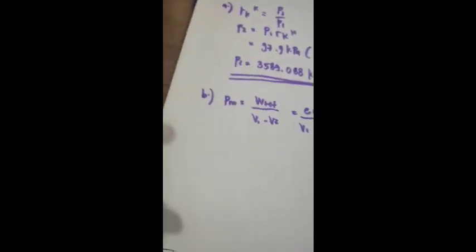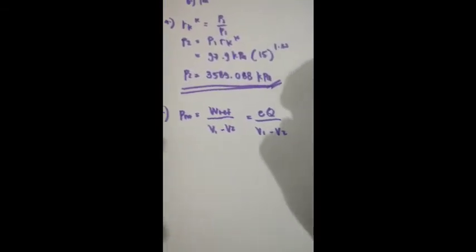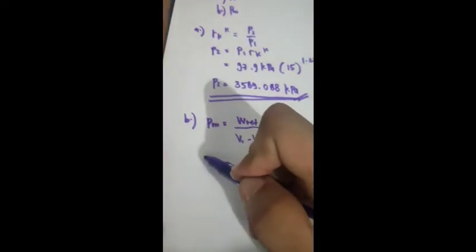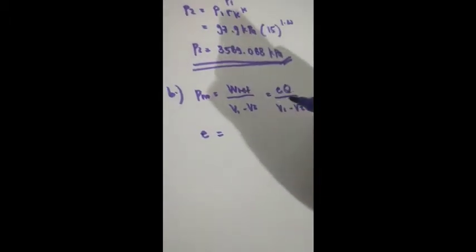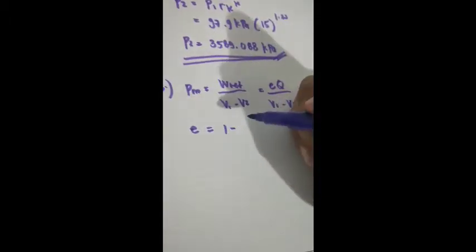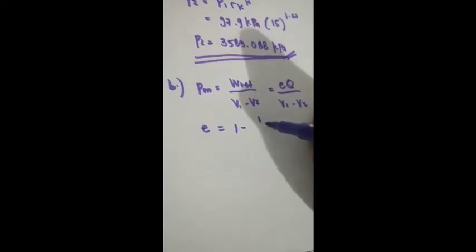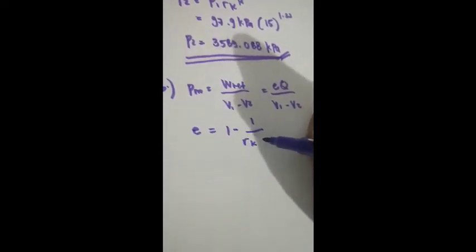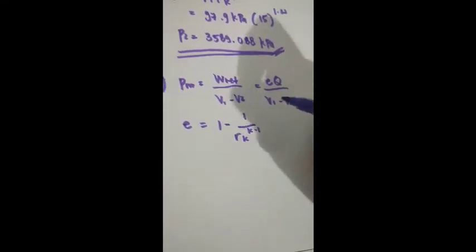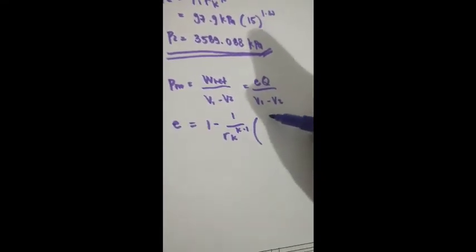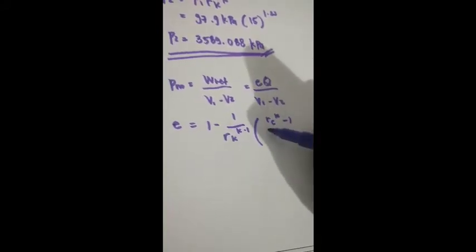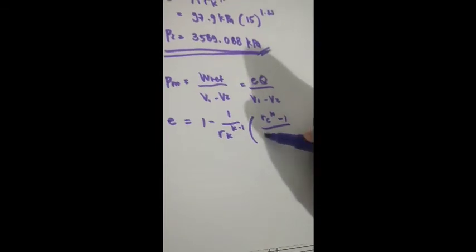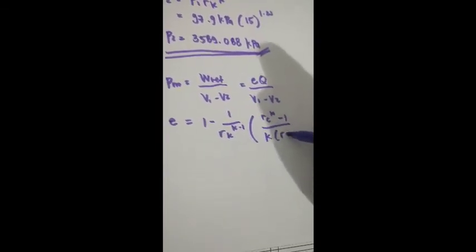So first, you should find the value of the E. So E is equal to 1 minus 1 over RK, K minus 1, times RC raised to K minus 1 over K times RC minus 1.